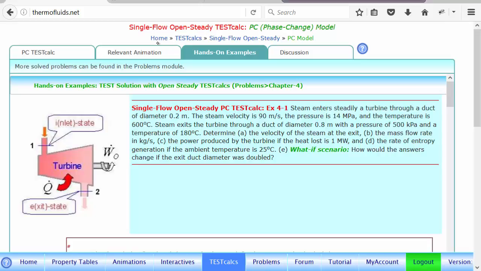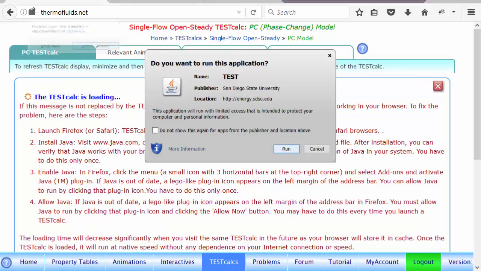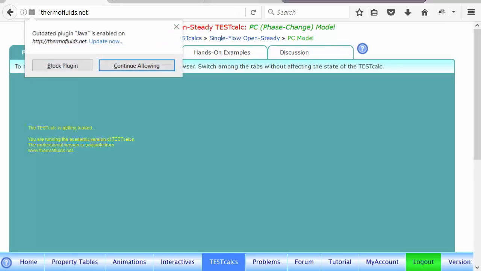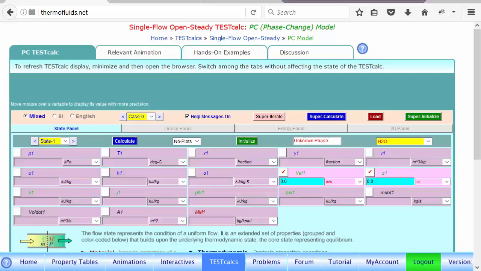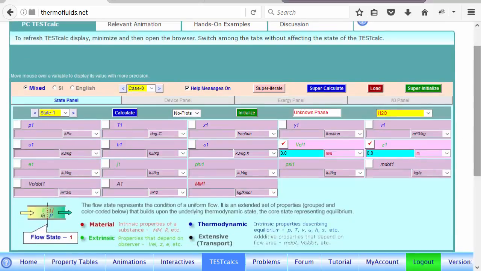And you can see the line, the hierarchical path name, showing how we arrived here. And we say run. H2O is already the default fluid, so we don't have to worry about that.